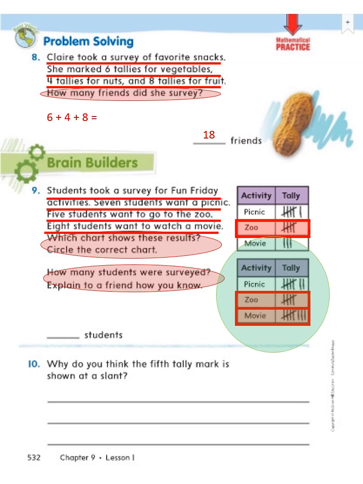What does that equal? Hopefully you got this. Number 10. Why do you think the fifth tally mark is shown at a slant? It means, why are they showing it diagonally? Any ideas? I hope you can remember to tell me when we get back from break.